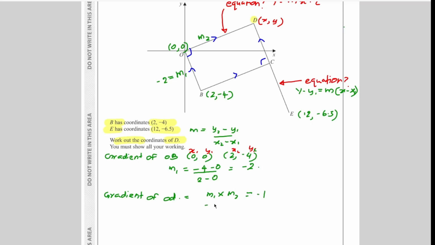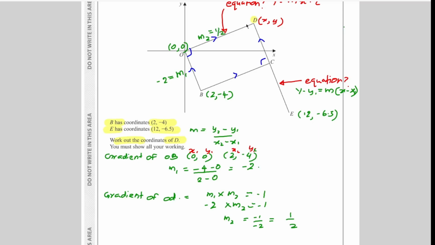Then minus 2, because this is minus 2, we don't know m2. Let's write m2, the gradient of this line, is equal to minus 1. Then m2 equals minus 1 over minus 2, which gives out half. Then we got the gradient of this line, which is half.